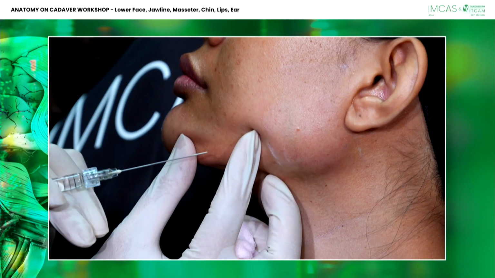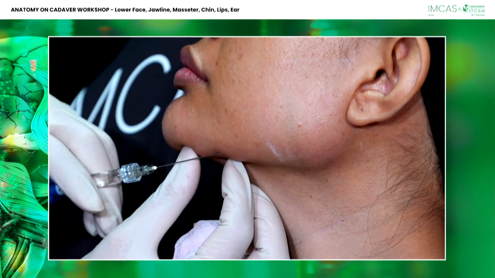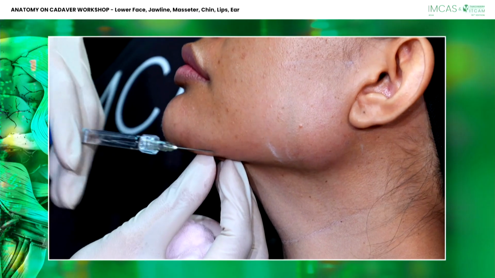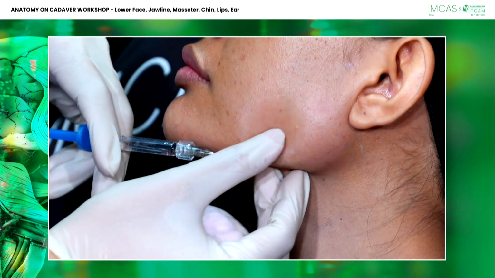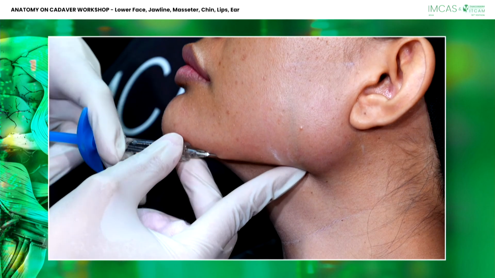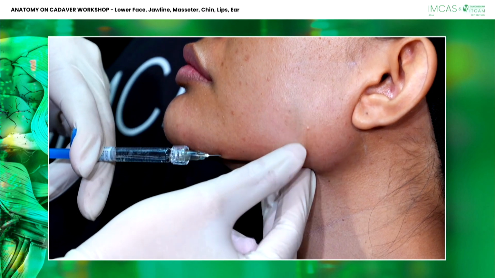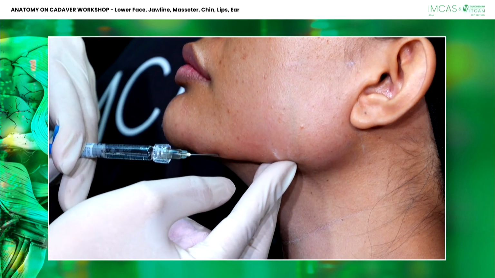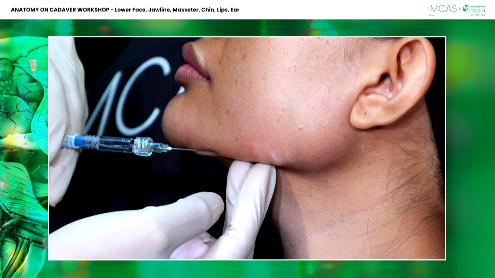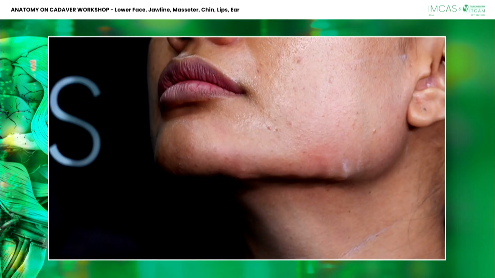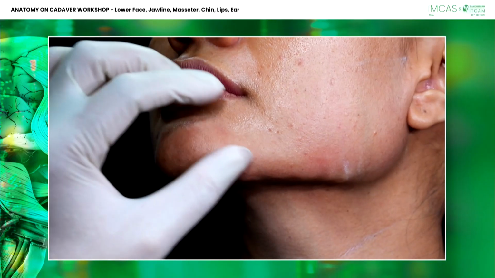My cannula tip is in the cutaneous layer right now. I do aspiration and start the injection in a linear retrograde manner. You can see the product filling up along the border of the jawline. Okay, I finished like this.